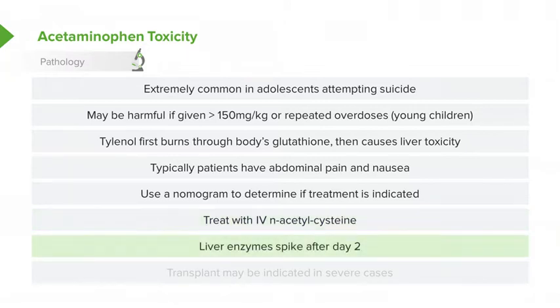We'll also get liver enzymes typically after day 2, because getting them originally at the time of admission to the hospital may lull you into a sense of security. Remember, those LFTs don't typically spike until day 2 or day 3 after the ingestion. If they are going up, early transferal to a transplant center is critically important because we need to get those patients on a liver transplant list as soon as we can.